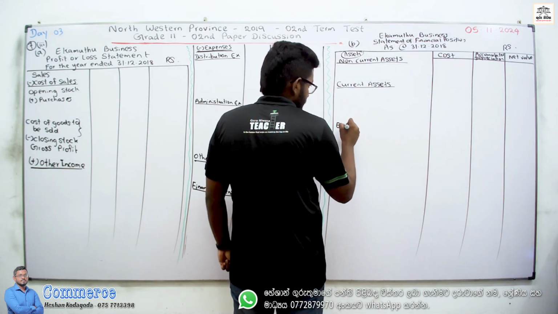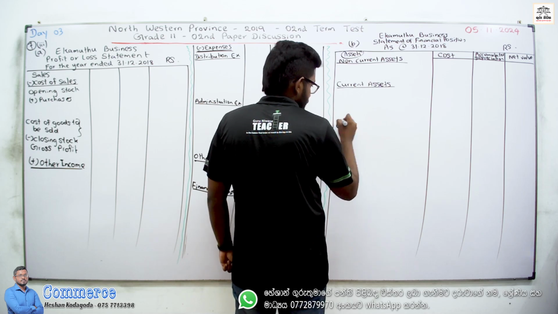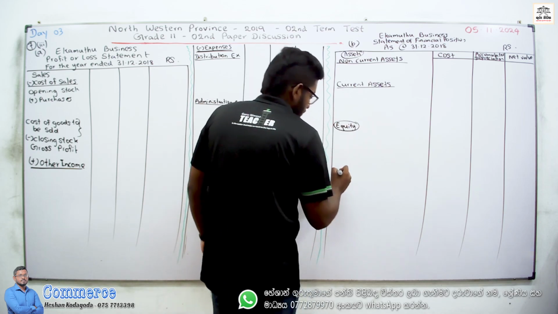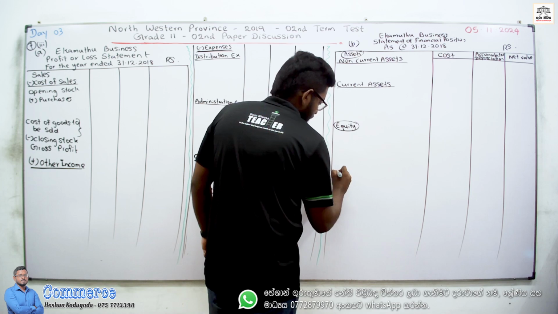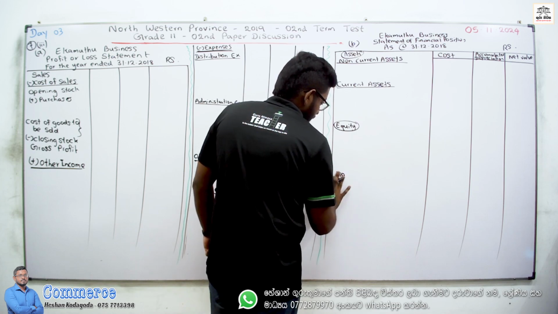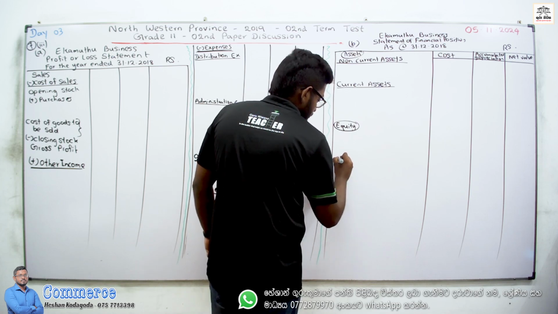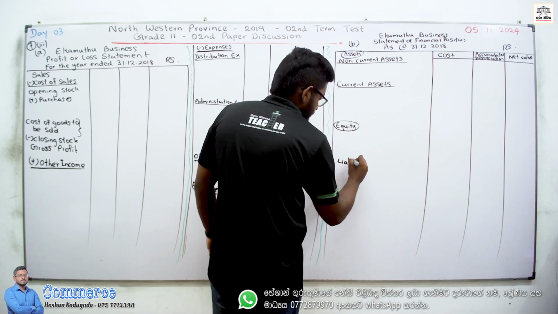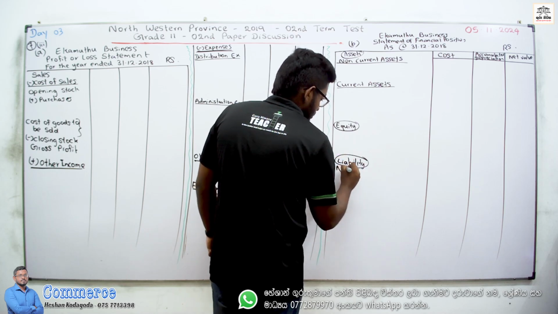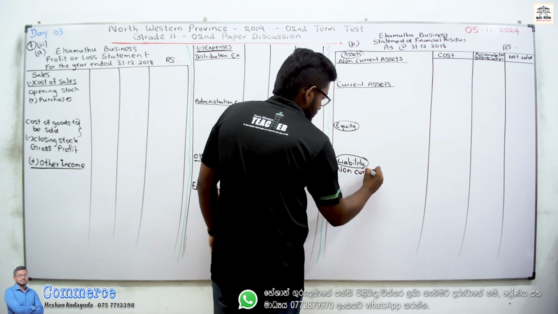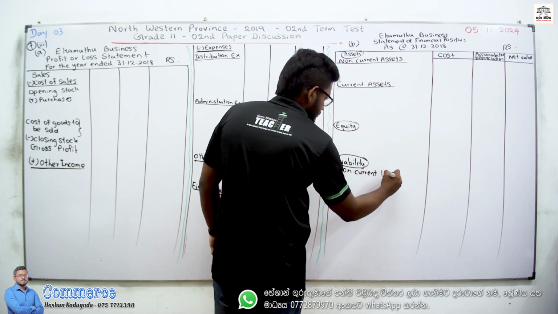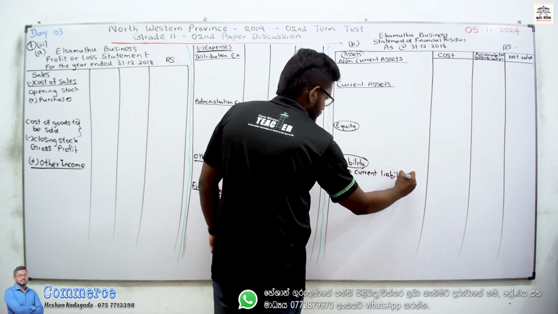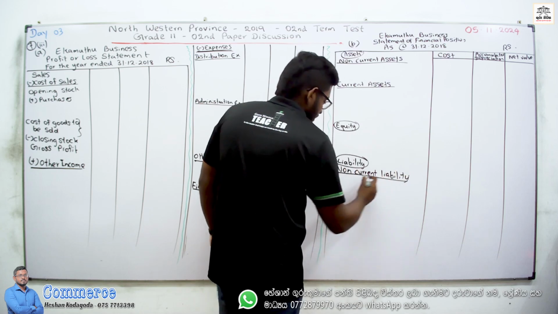Then the equity, keep a few lines. Then the liability. First one is non-current liability, keep 2 lines.